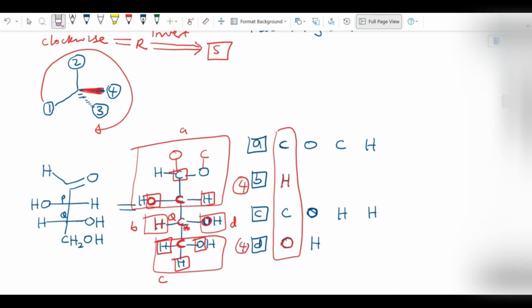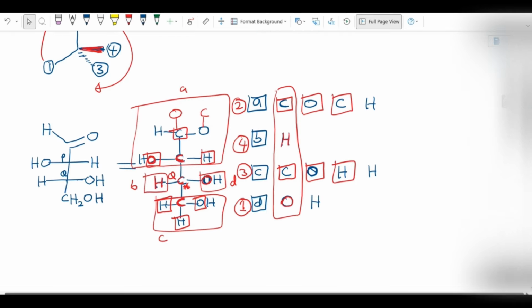So we give group D priority number 1. Priority number 2 can go to either this carbon or this one, but because there is a tie, we go to the next atom. Since there is also a tie, we go to the next atom. Carbon has a higher atomic number than hydrogen, so priority number 2 will go to group A. Therefore, priority number 3 will go to group C.